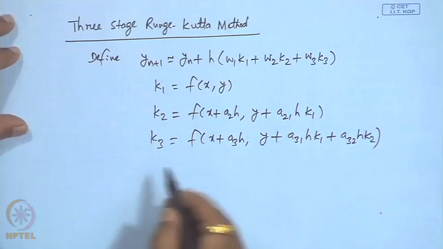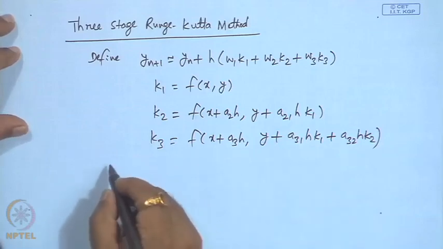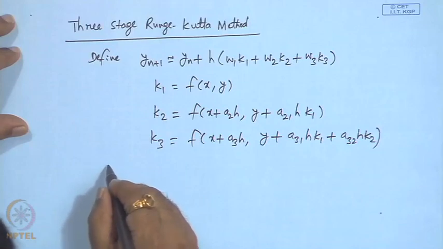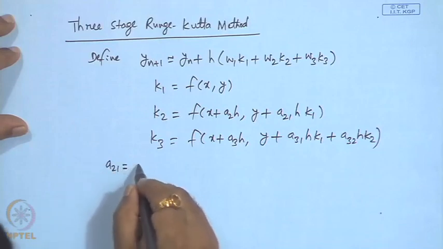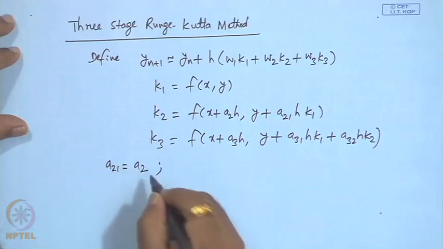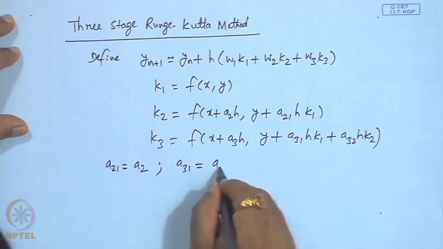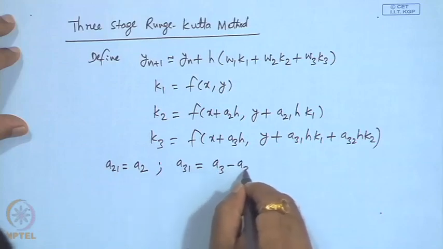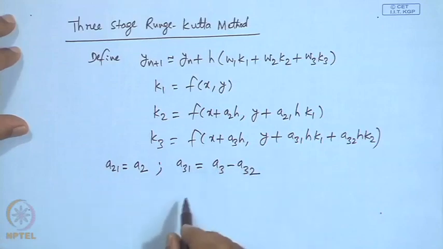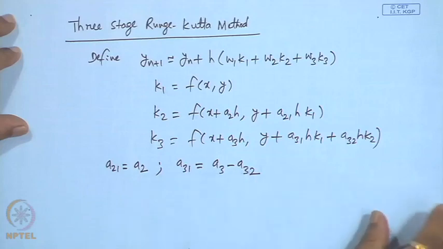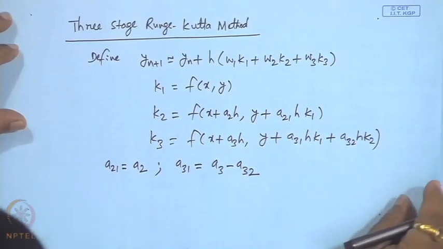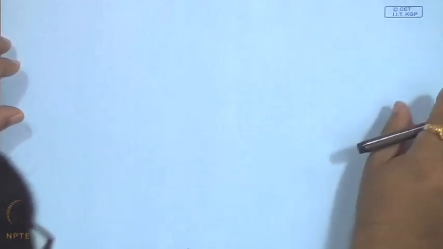Now we have to make some arbitrary choice. So, I make the following choice, say A21 is A2, A31 is A3 minus A32. Okay. So, with this we obtain a system of equations as follows.